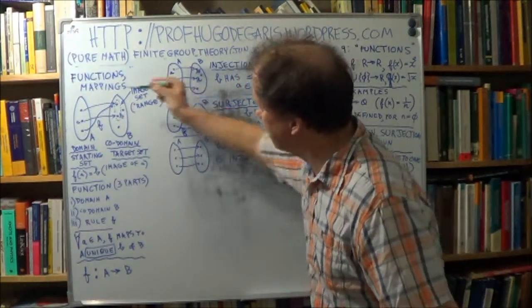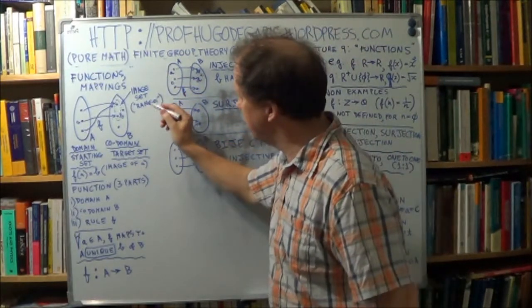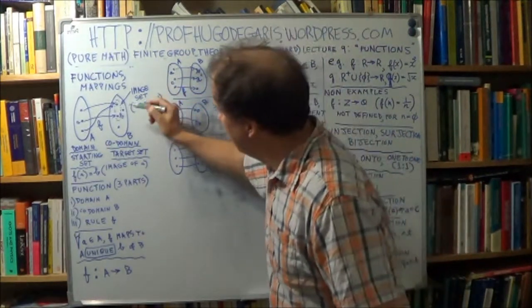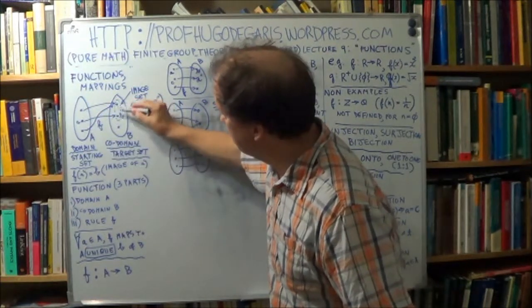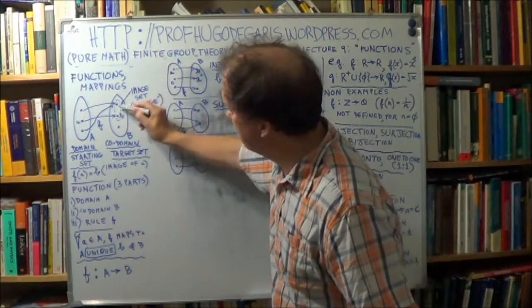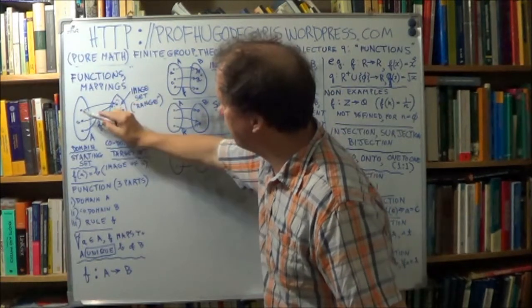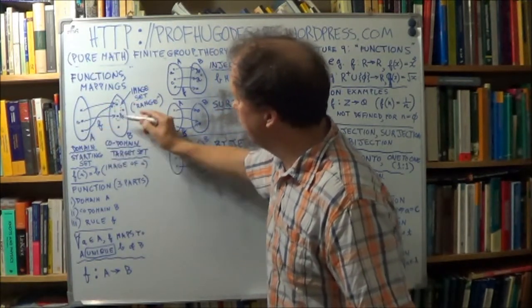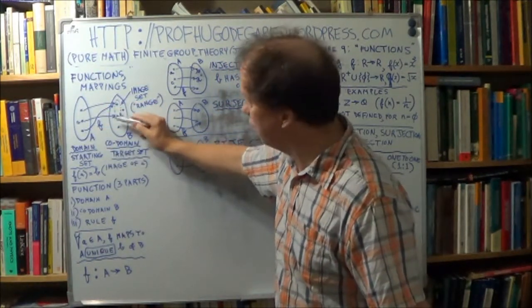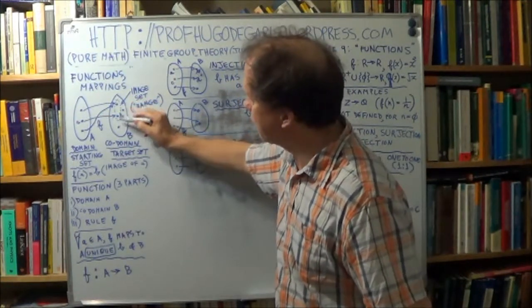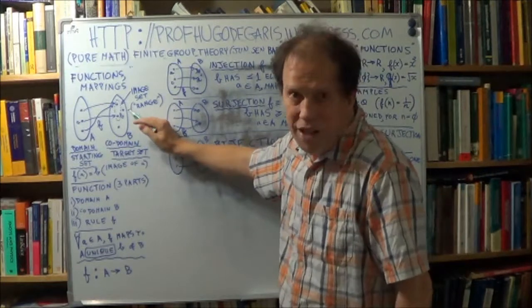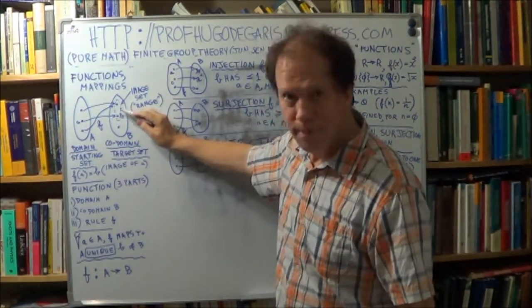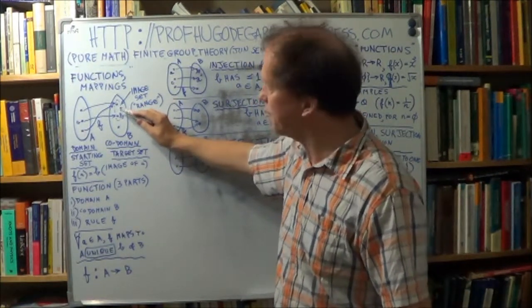call it an image set. I didn't talk about that, perhaps I should right now. So all these three map to these two, okay? So this is the image of that one, and this one is the image of that one. Now this set of all the images is called, surprisingly, an image set. It's the set of the images.